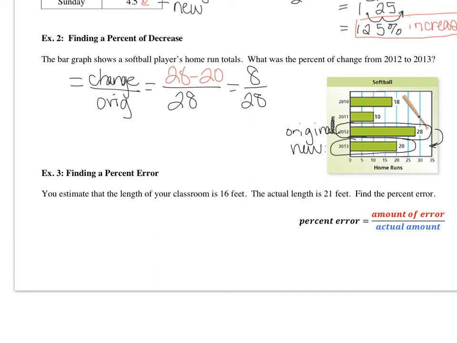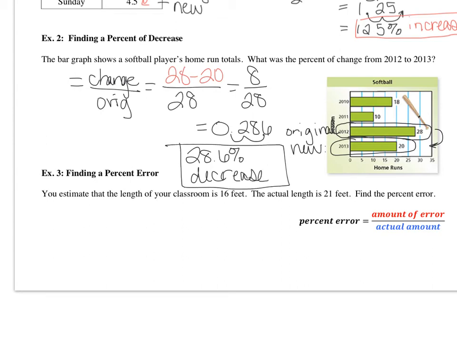If we enter in our calculator what 8 divided by 28 is, we would get a decimal of 286 thousandths approximately. If we change it to a percent, that would be 28.6%. And since we started off in 2012 with more home runs than we ended up with in 2013, this is a 28.6% decrease in the number of home runs this softball player hit between those 2 years.